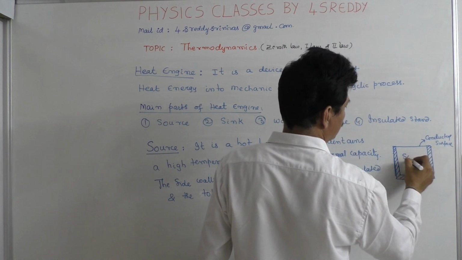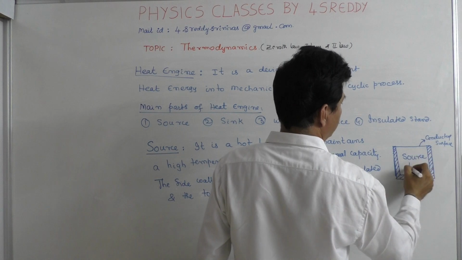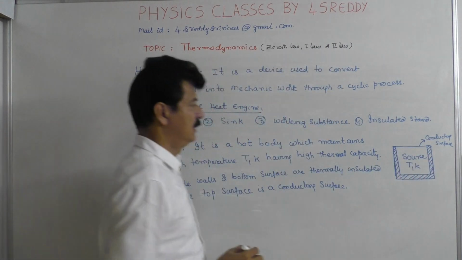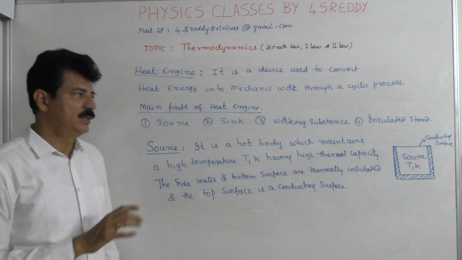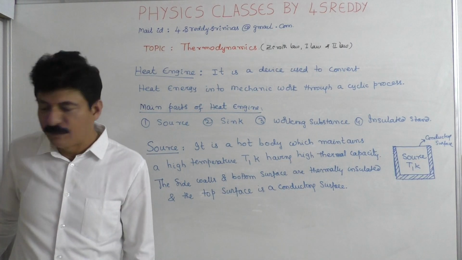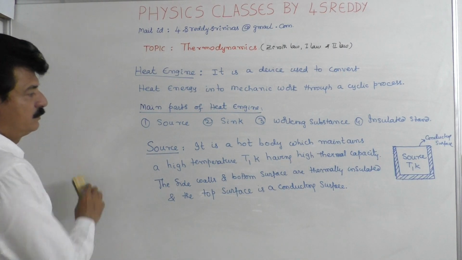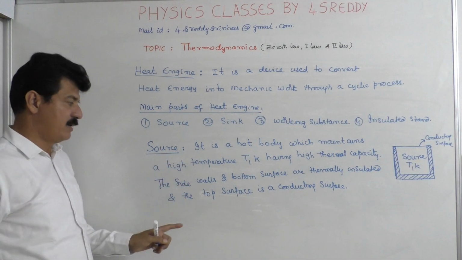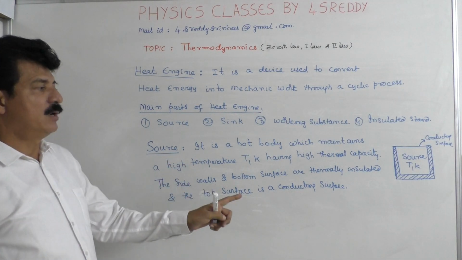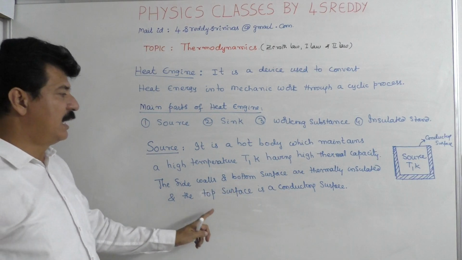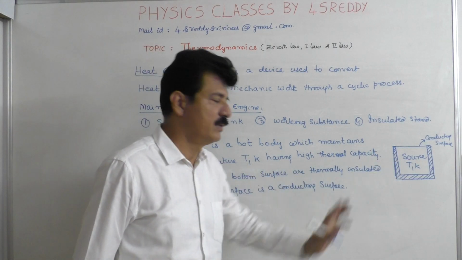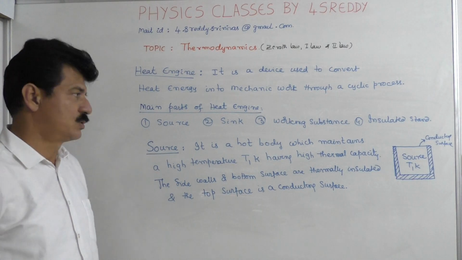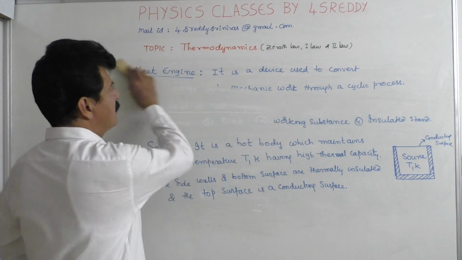This is the source which maintains T1 Kelvin. It is a hot body which maintains high temperature T1 Kelvin having high thermal capacity. The side walls and bottom surface are thermally insulated and the top surface is a conducting surface. This is for the source.